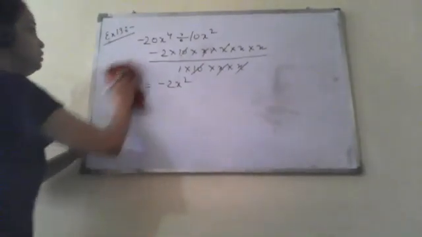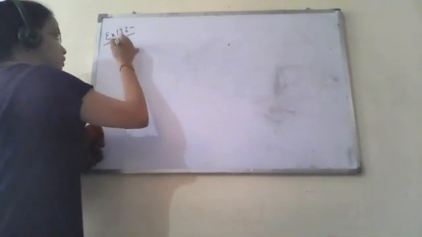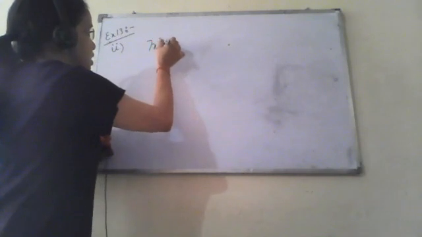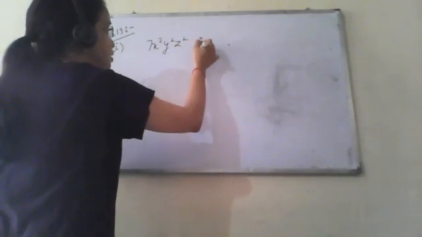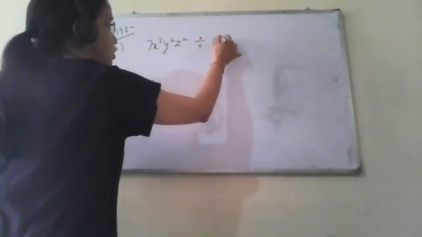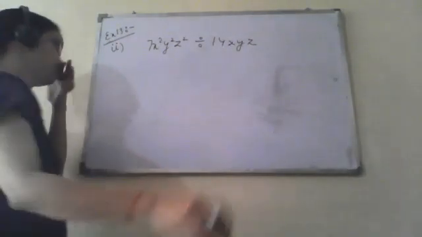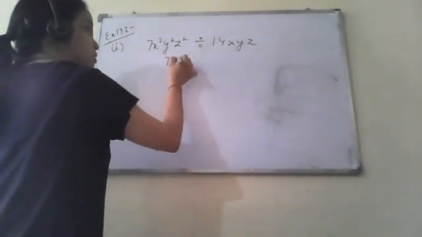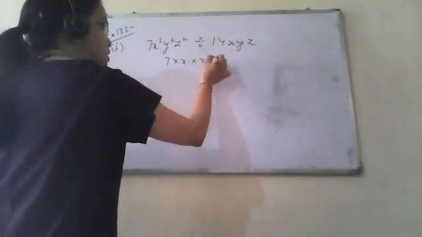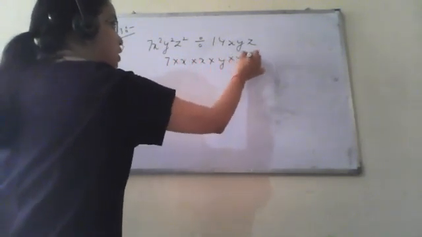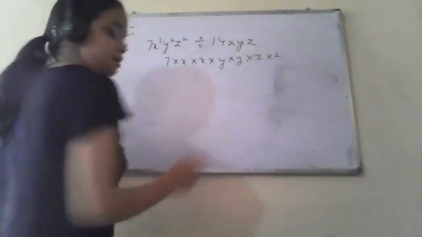Now next part, the second part of this question. We have 7x square y square z square divided by 14xyz. Now this can be written as 7 into x into x into y into y into z into z.